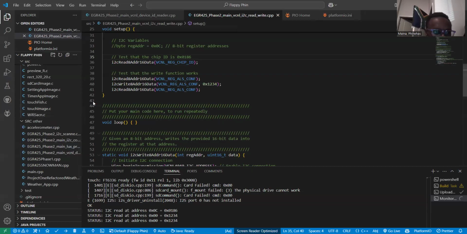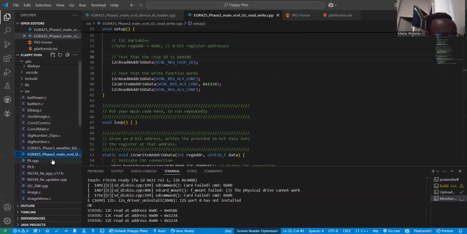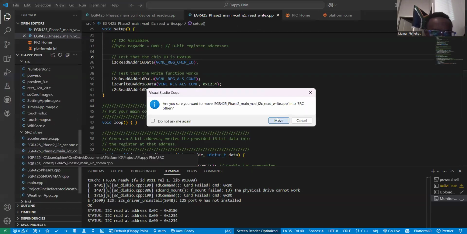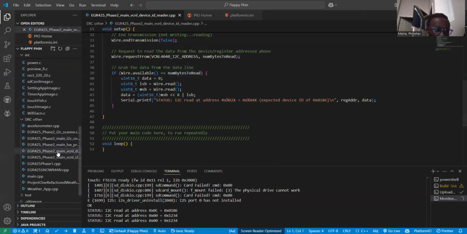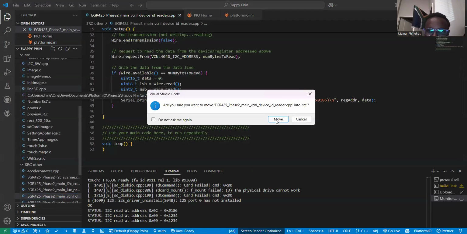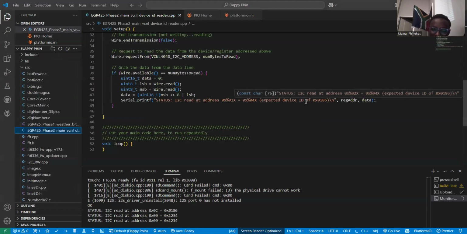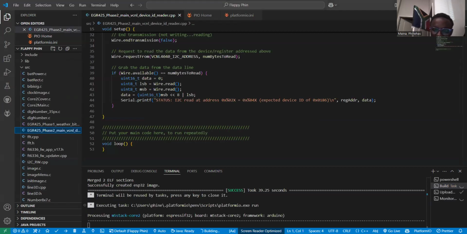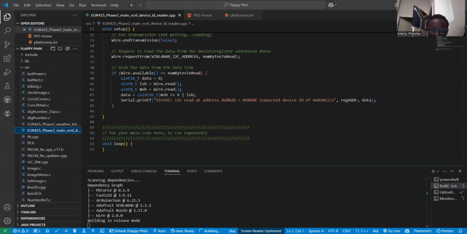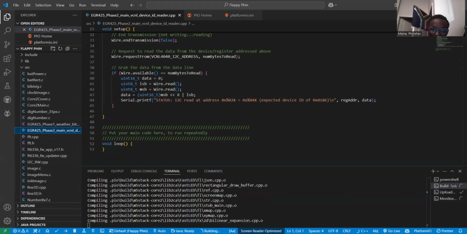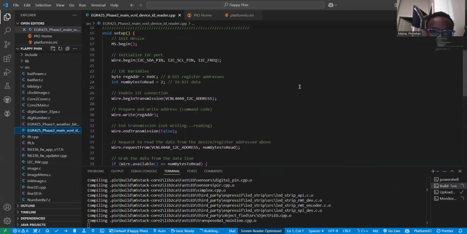Oh, wait, what happened? Okay, in this one, all we are doing is reading the registered data from, on that chart, the very last register.